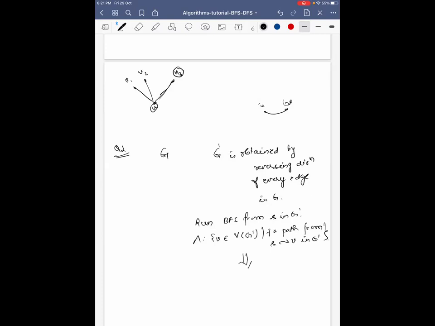Does this imply that there exists a path from V to S in G? Yes, sir. This is exactly the same. So aren't we really done here?